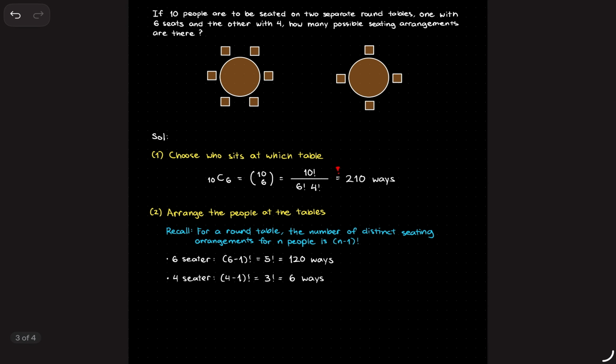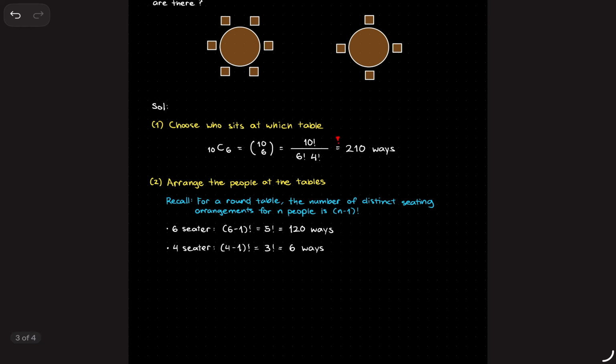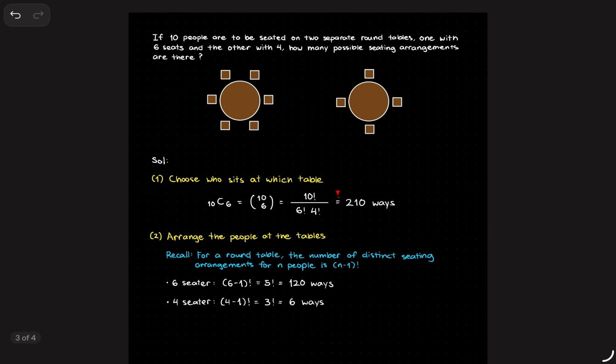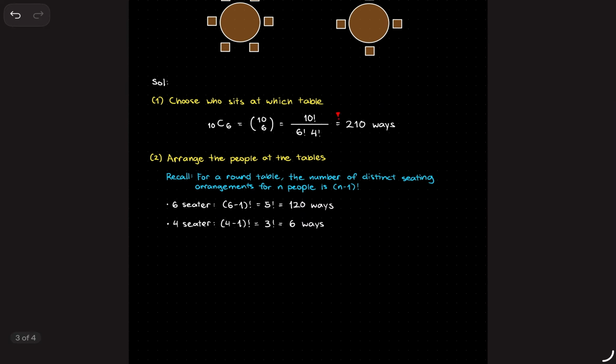Good. And then from here, let's just visualize again in real life. So again, first step, out of the 10, choose the 6, choose the 4, allocate the 6 here, allocate the 4 here. And once we have decided on that, then it's done. So actually, these are all the ways that we need already to compute the total possible seating arrangements.